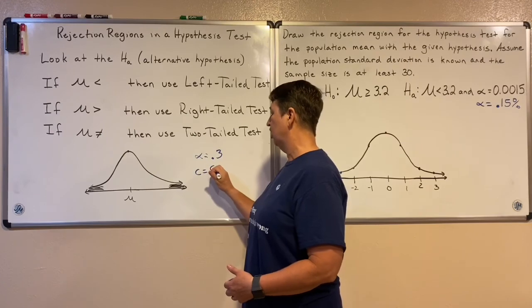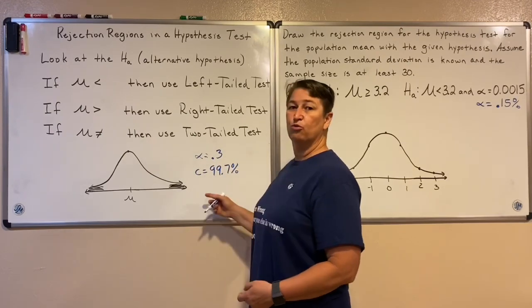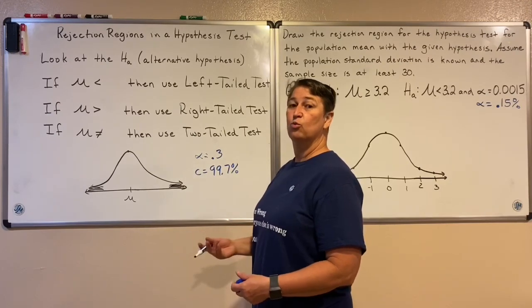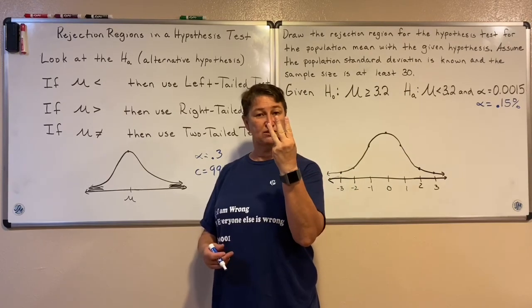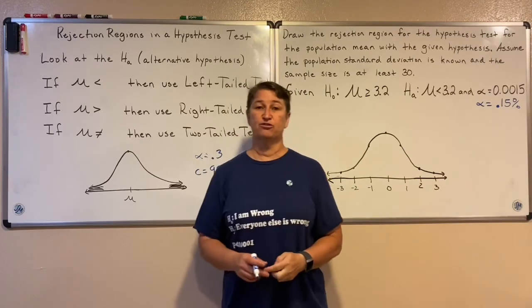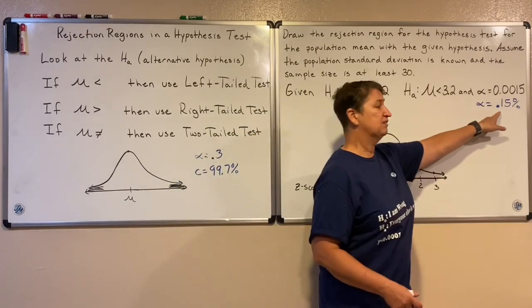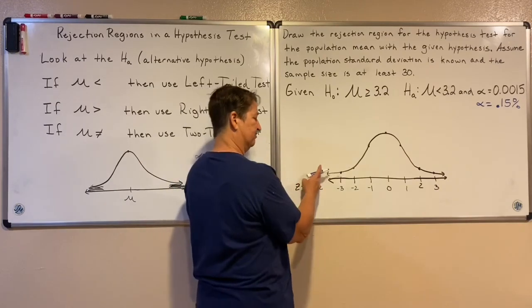Subtract that from 1, and you get 99.7%. Well, when we think about this 99.7%, we think to ourselves, ooh, that's 3 standard deviations out, based upon this empirical rule. So this level of significance tells me I'm going to go out 3 standard deviations on this side.